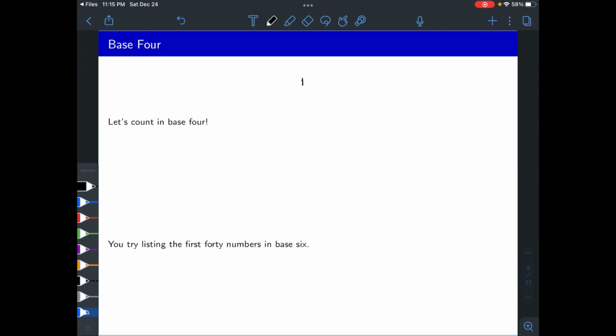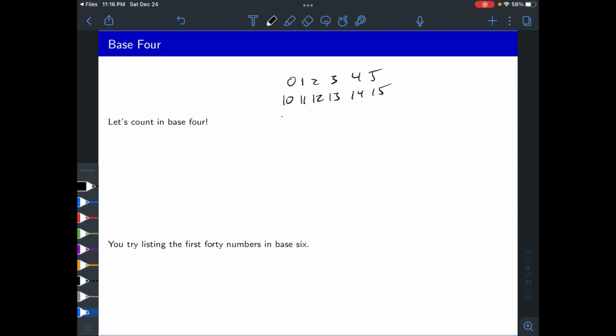So let's count 0, 1, 2, 3, 4, 5. And then after that, I would write 1, 0, 1, 1, 1, 2, 1, 3, 1, 4, 1, 5. And I'm going to organize them this way just so I can say these are just groups of 6, right? Then I can just count them easier.